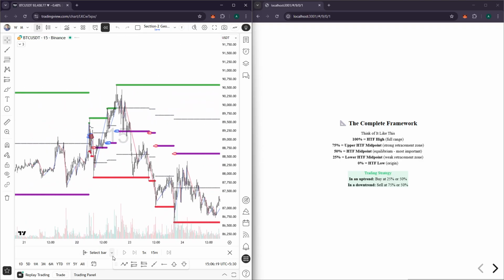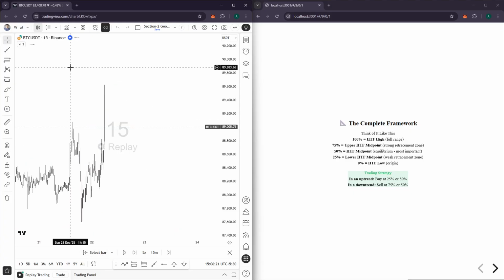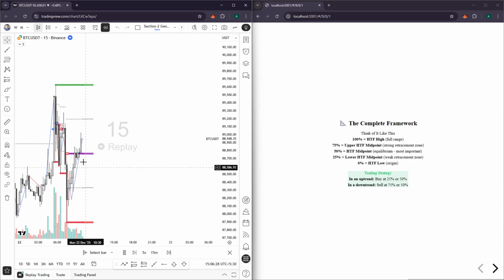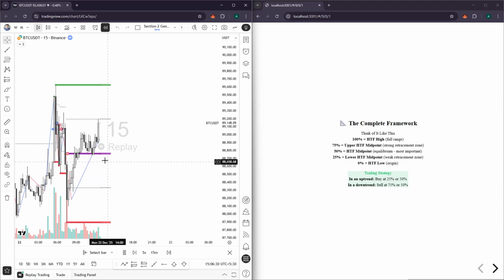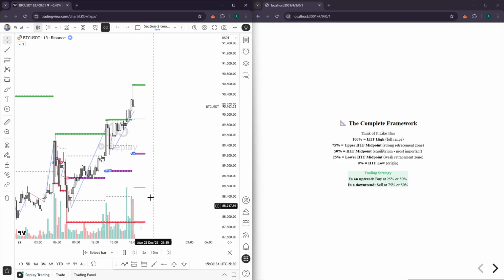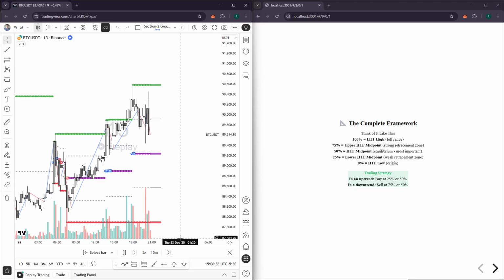So I'll just go back here and start this week, and let's just let it run forward. Just observe what happens when the market comes to those 75% and 50% levels when the midpoint is decreasing. Okay, it's like downtrending.